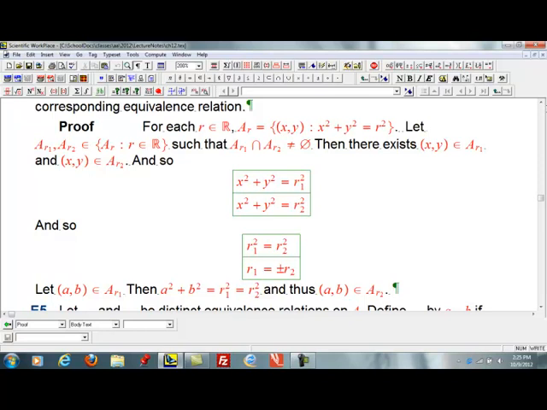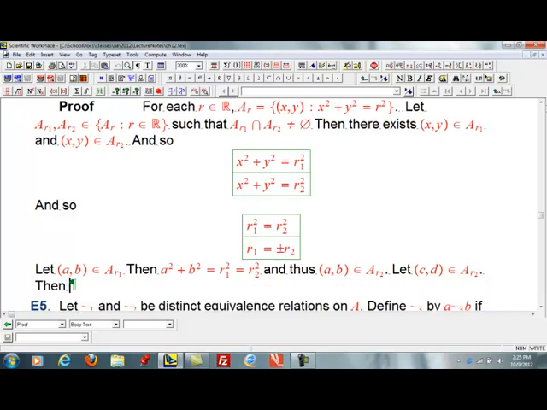Go the other direction. Then what does that tell you? Yep. Is equal to R2 squared, but R2 squared is R1 squared. And what do I know? Yes.